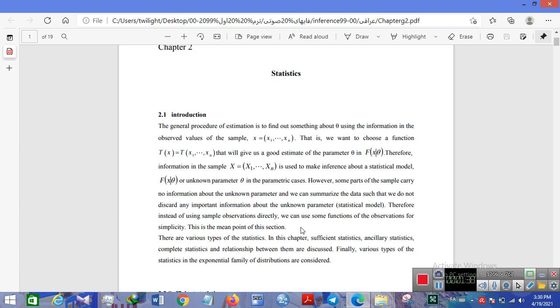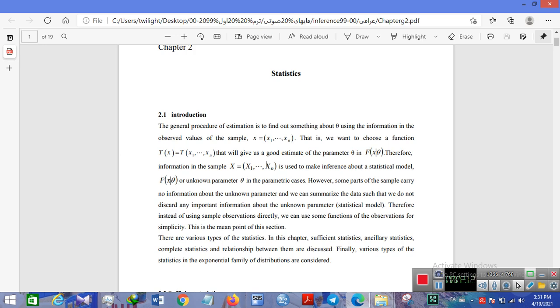Every statistic summarizes the data. In fact, the sample includes all information about a parameter theta and maybe other information. Therefore, when you use T(x), we use some part of this information.